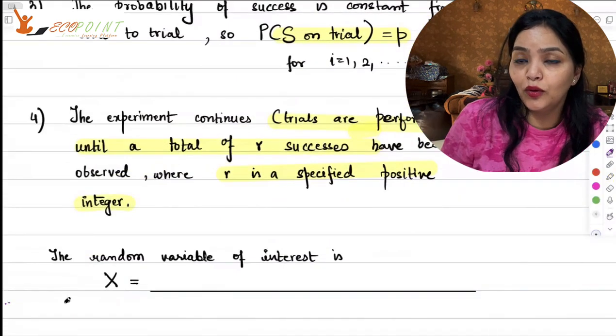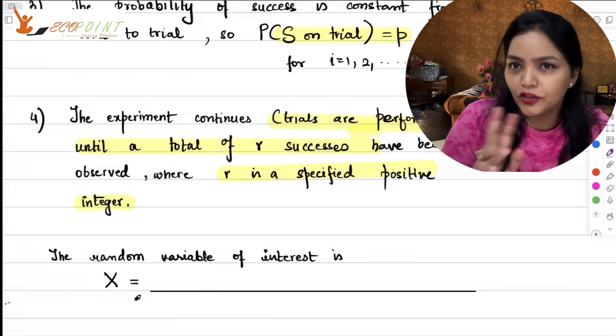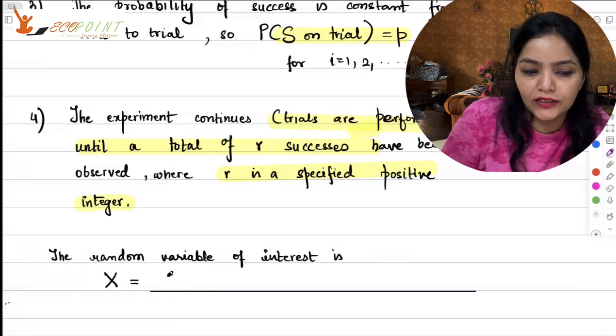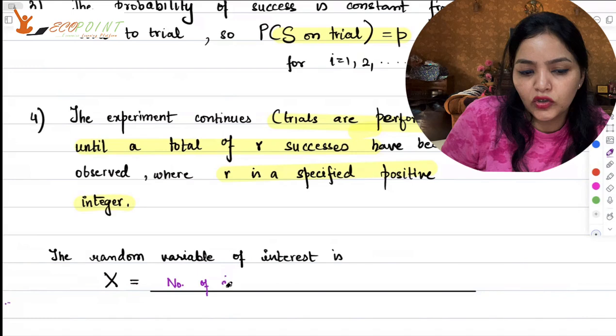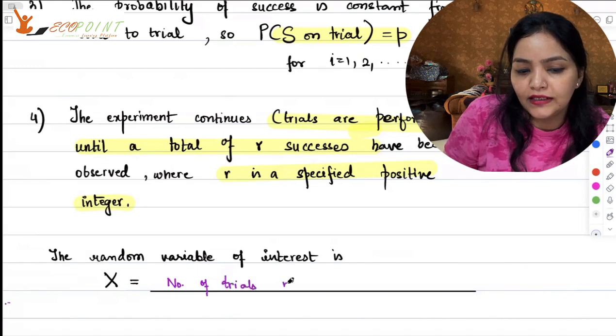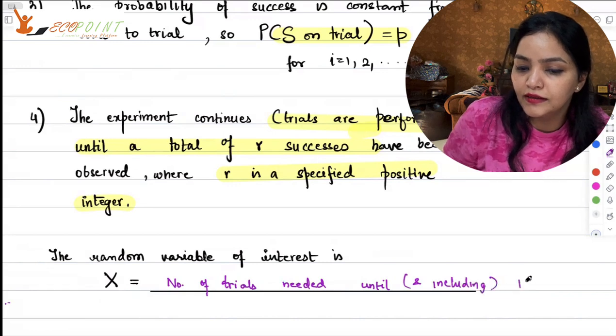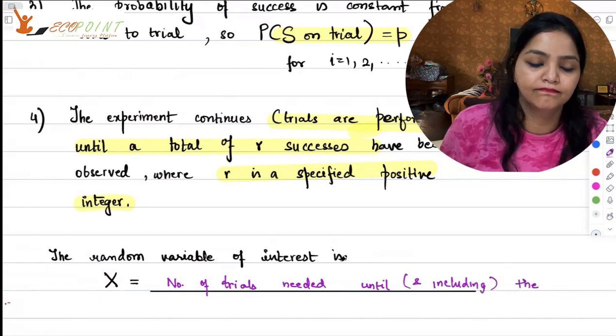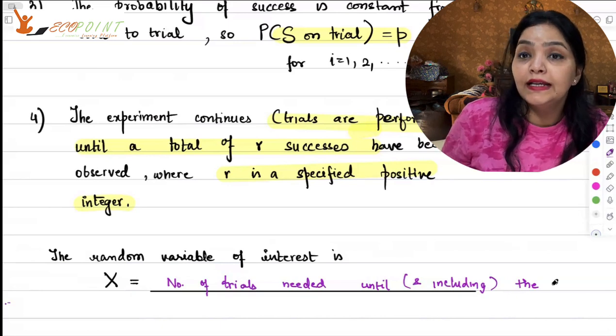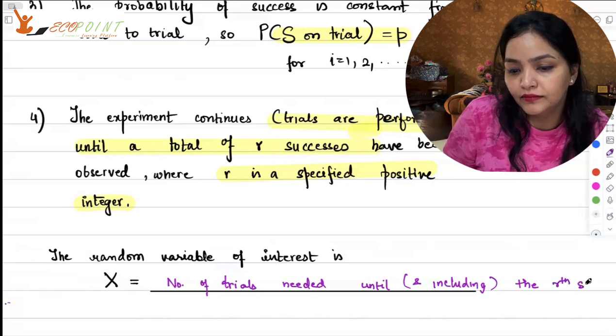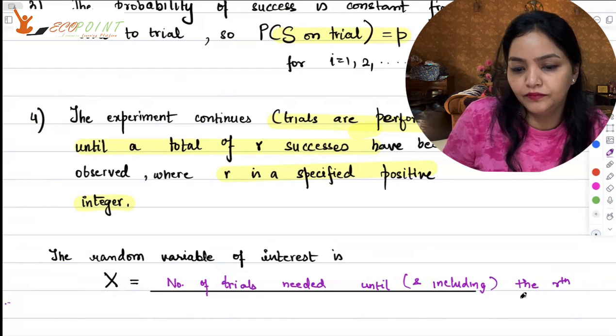The random variable of interest could be quoted in two ways. You can take the random variable X as the number of trials needed until and including the rth success.